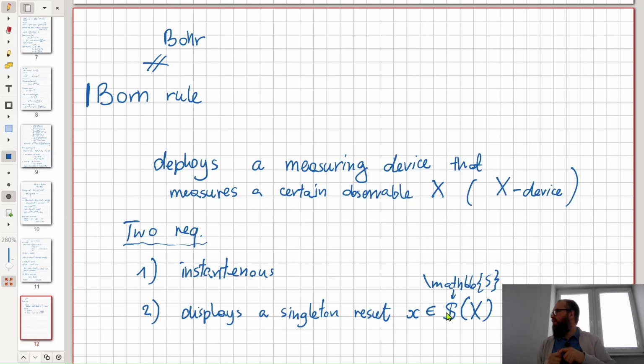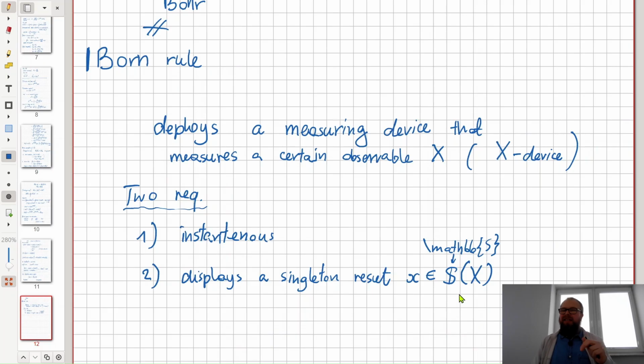Question: is it characteristic for the device or for the quantity that the device is measuring? Excellent question. At this point, observable is defined basically as a thing that the X device measures. At the moment it's not attached to anything else. So the device defines the observable that it measures at this point.